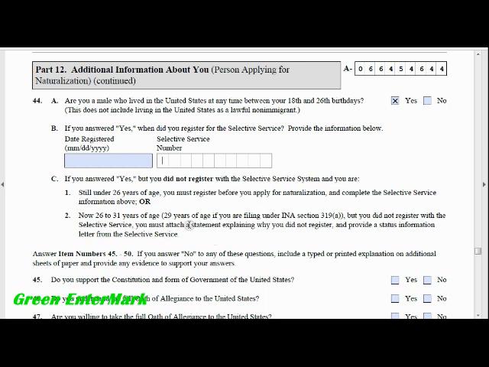You have to do this if you are 26 to 31, and you just provide the reason why you did not register with the Selective Service.